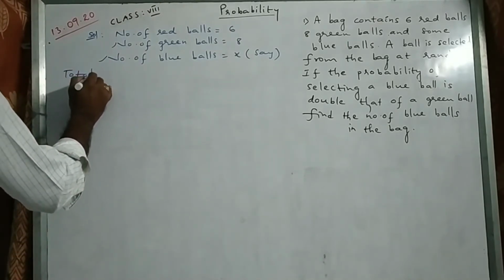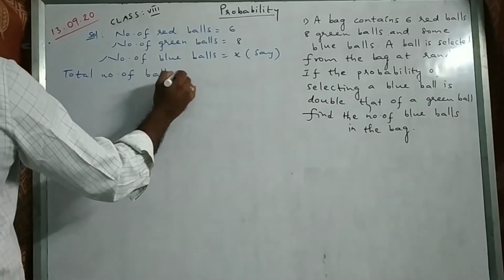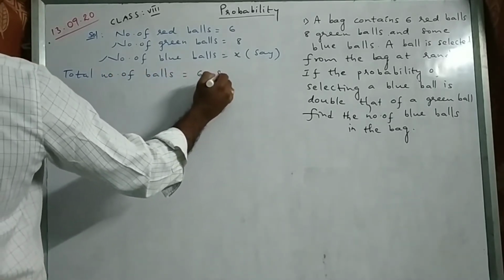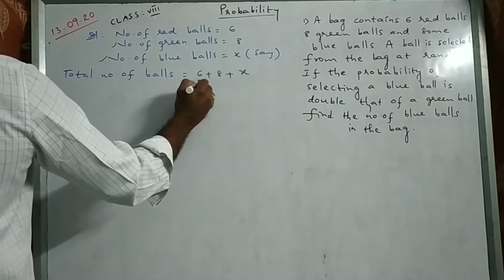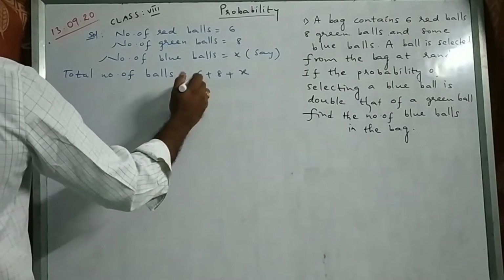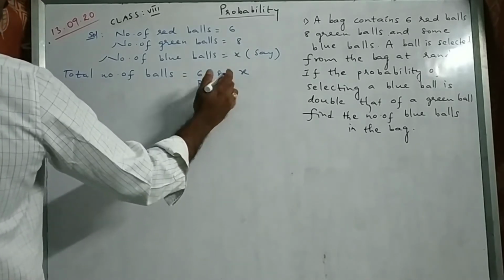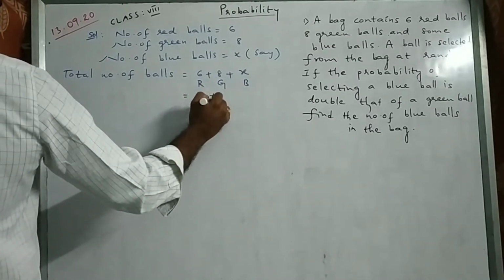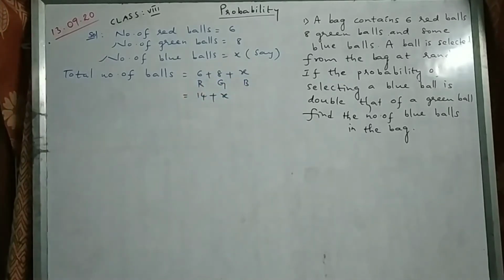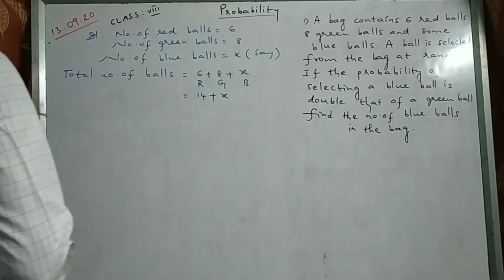Total number of balls equal to 6 plus 8 plus X, means red, green, blue. That means 14 plus X. Don't say that 14 plus X as 14X.